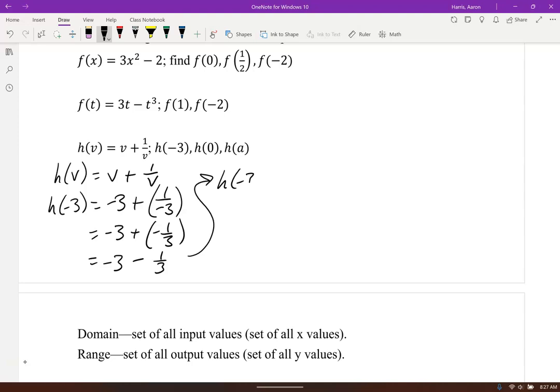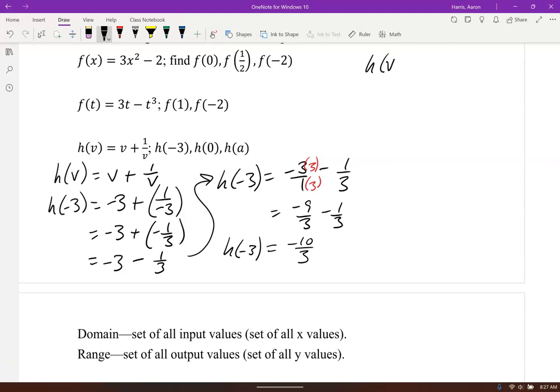So h of negative 3 equals negative 3 over 1 minus 1 over 3. Get a common denominator of 3. So I got negative 9/3 minus 1/3. Negative 9 minus 1, negative 10/3. That's h of negative 3.